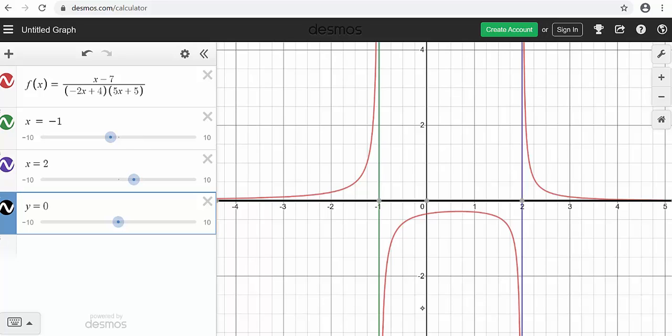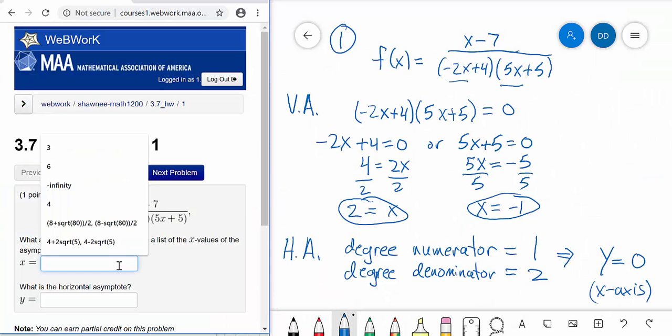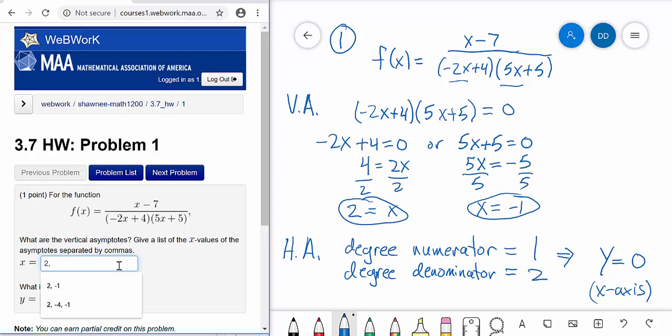So those are the three asymptotes of this function f of x. So back in WebWork, I'm going to enter my answers as x equals 2, comma, x equals minus 1, and the horizontal asymptote is the x-axis, which is equation y equals 0.